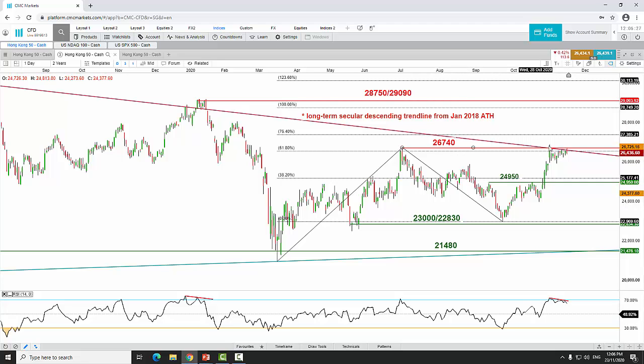As we know, the price action is still being kept below the 26,740 major resistance level. What happened in the past over here was on 13th of January 2020, where it actually challenged this major resistance. And very interestingly, the daily RSI started to show a bearish divergence at the overbought level.